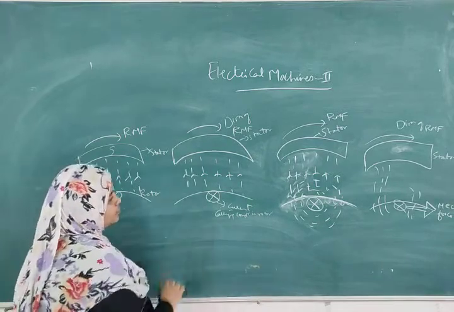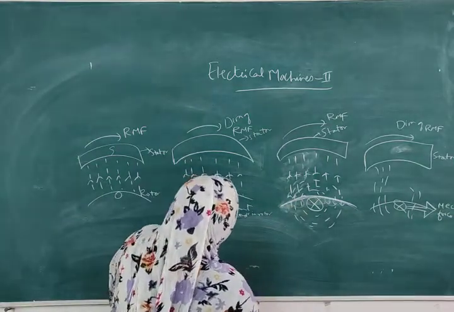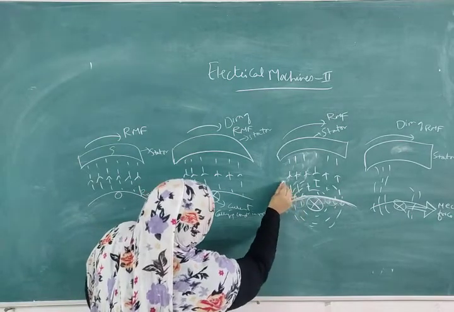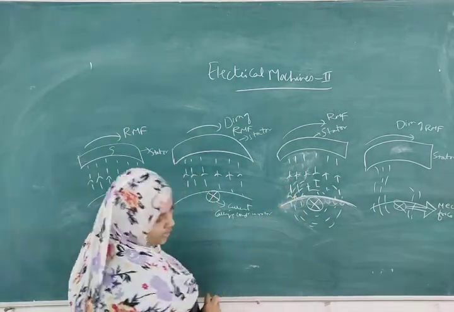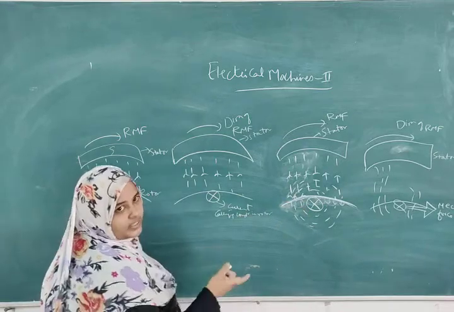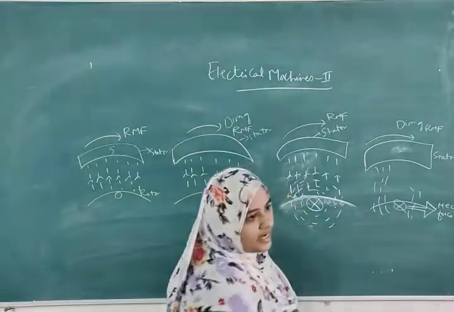For this assumed direction of current, the flux produced will be in the clockwise direction. So on the left hand side you can see the two fluxes, the RMF flux and the flux produced by the rotor conductor, are in the same direction, and on the right hand side they are in opposite direction. So here addition of fluxes is taking place, here cancellation of fluxes is taking place.